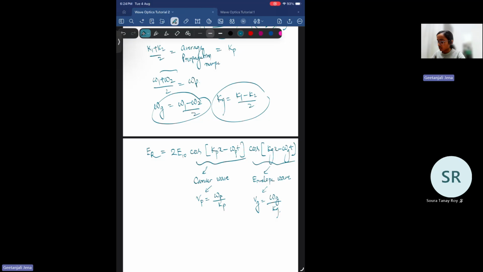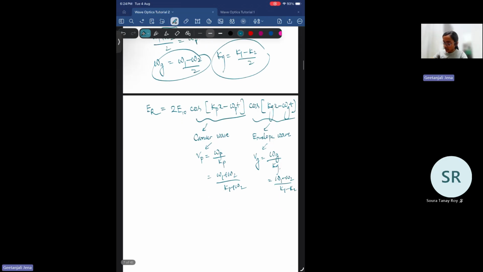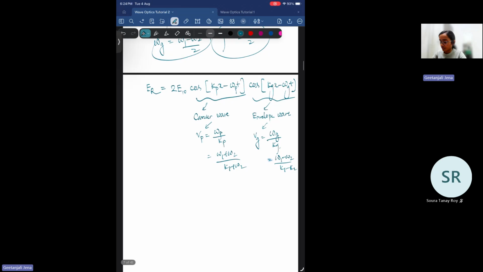From the expression, we can see that these are average frequencies and these are differences in frequency. In general, the phase velocity is larger than the group velocity.